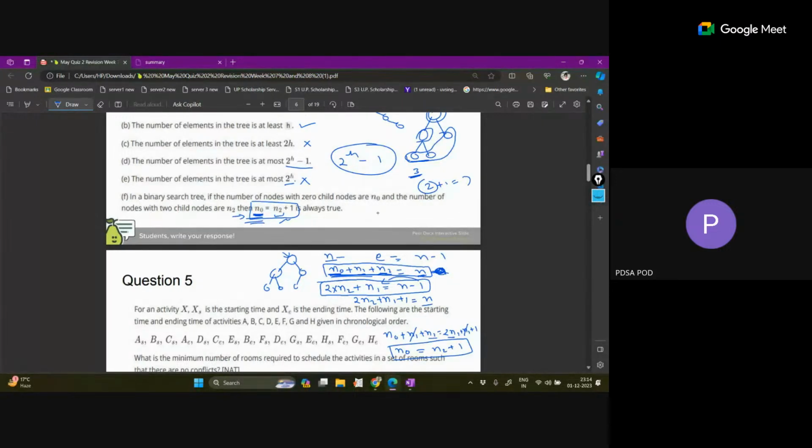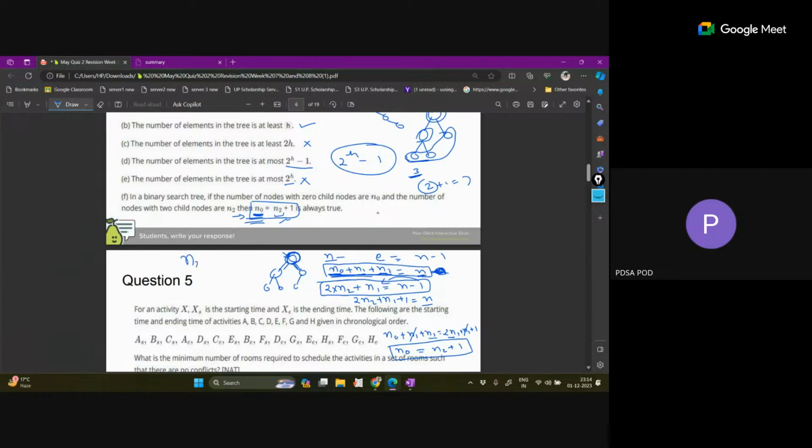So now we can write like this. A node with 2 children will always be connected with 2 edges below. If you see this node, it contains 2 children, so that means 2 edges are connected below it. Now we are counting the number of edges in a different way.